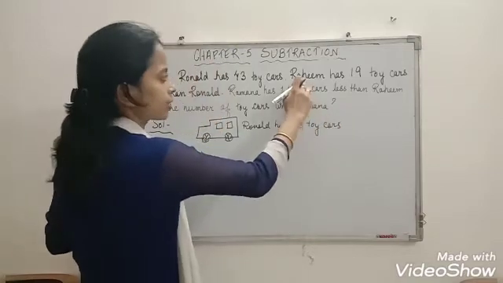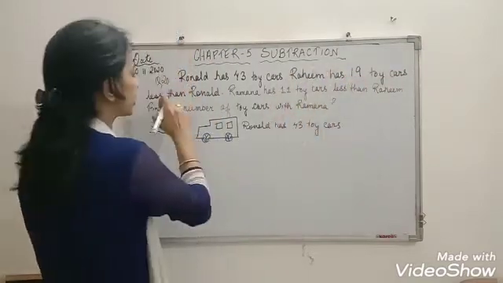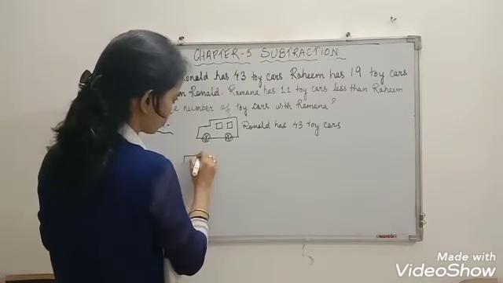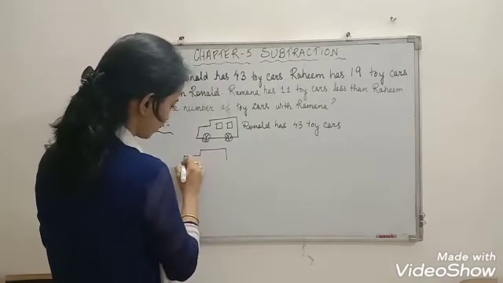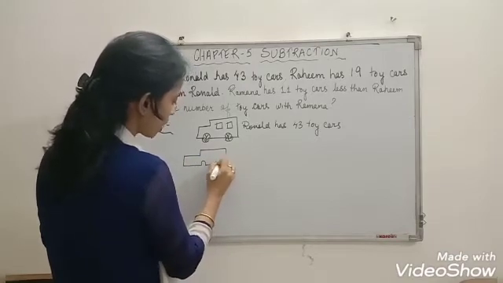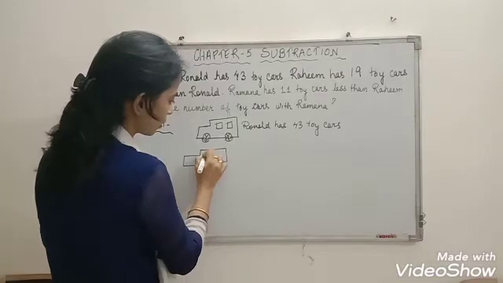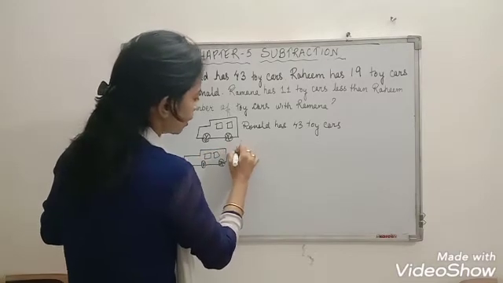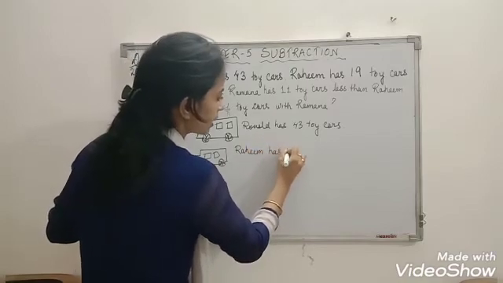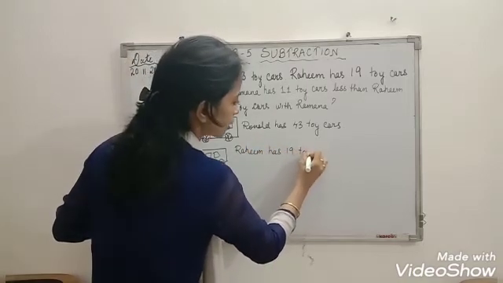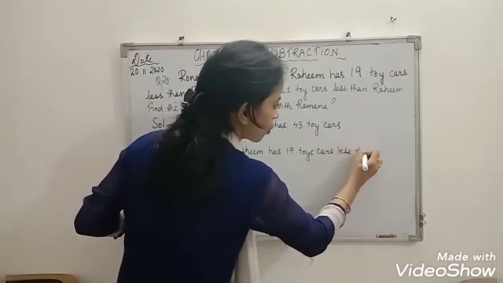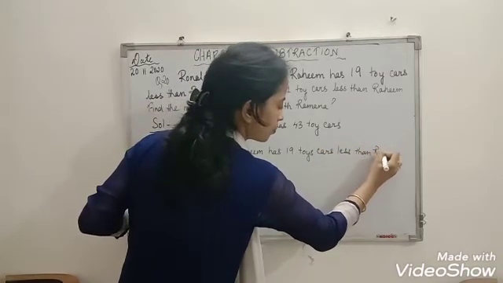Okay. Next, Rahim has 19 toy cars less than Ronald. So Rahim has what? Rahim has 19 toy cars less than Ronald. That means what?